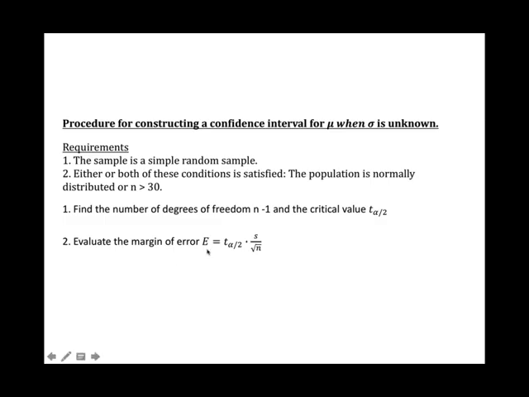Second, find the margin of error. This formula is really similar to part 1. The only difference is this uses t and they used z. And the s, okay, they're using the s. This is the sample standard deviation. After you know the margin of error, construct the confidence interval. And then conclusion, okay, really similar.